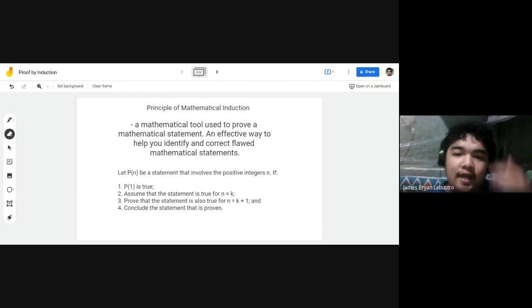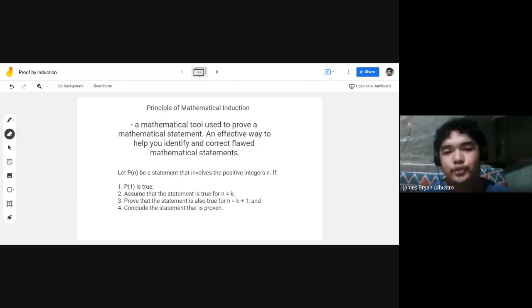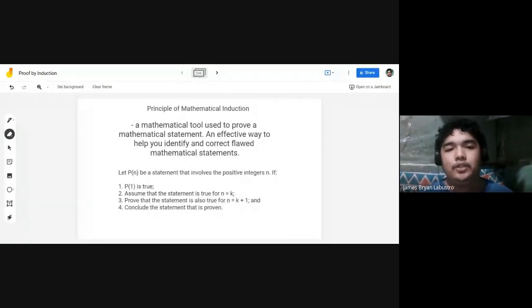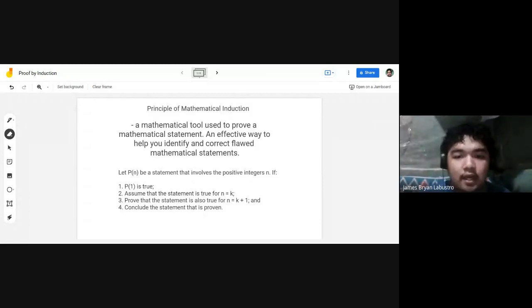So we have the principle of mathematical induction, or we should say proof by induction. It is a mathematical tool used to prove a mathematical statement, an effective way to help you identify and correct flawed mathematical statements.